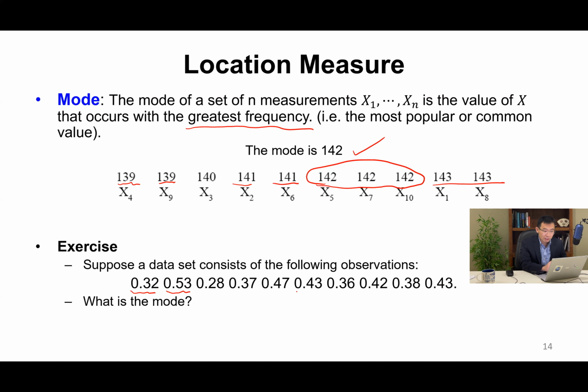But we see 0.43, 0.43 appears twice, 47, now 36 once, 42 once, 38 once. So the mode is 0.43.